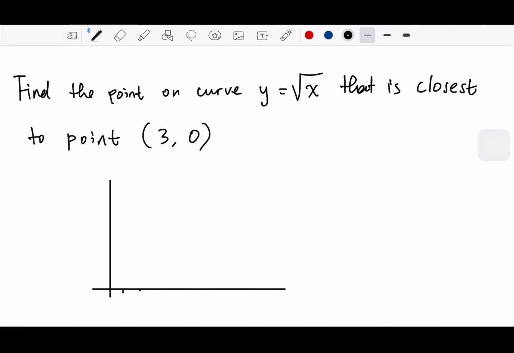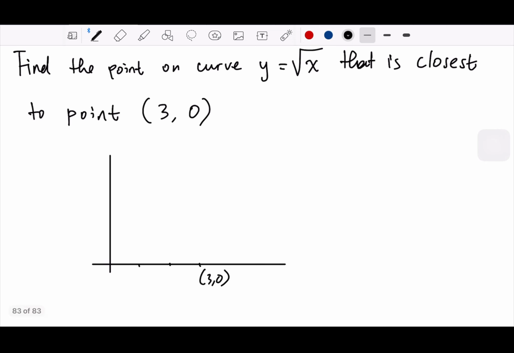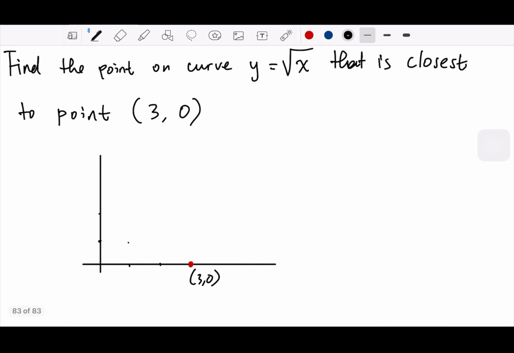Let's say this is maybe too small. Make it a little bit larger, maybe here. Let's say this is 3, 0, the point. And our curve, maybe that's our curve.